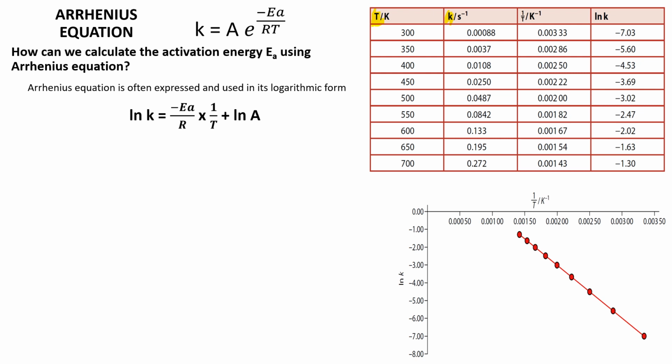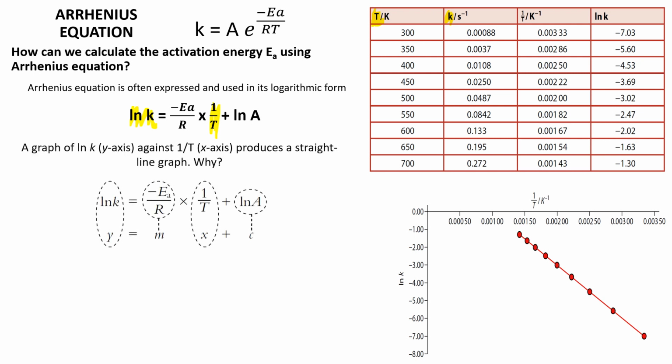we will find something really interesting. The graph plotted for ln k against 1 over T is a straight line. This is not strange, because this equation matches the straight line equation.